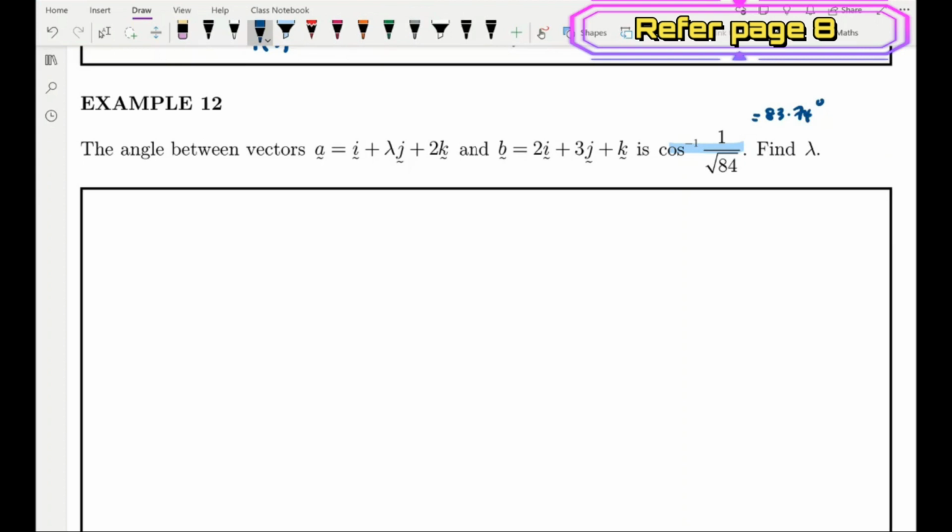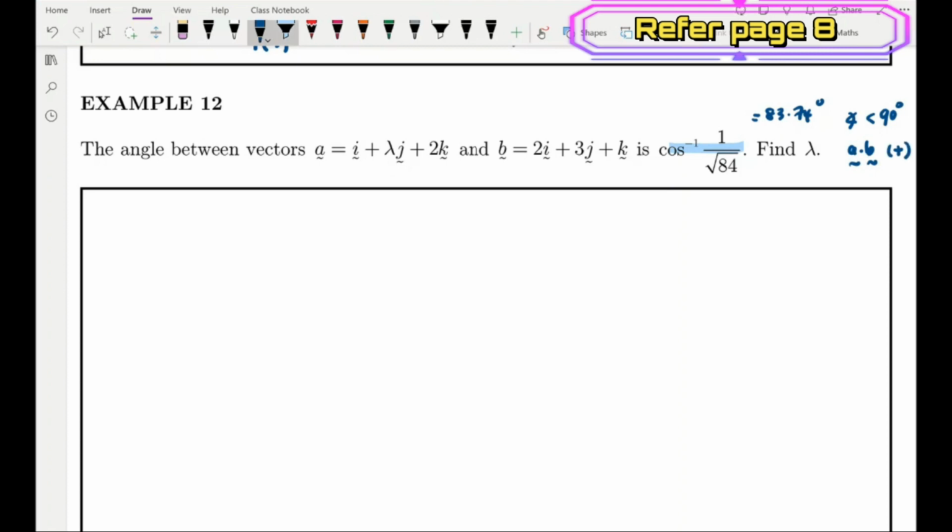So if the angle is less than 90 degrees, that means the dot product of A and B must be a positive value.